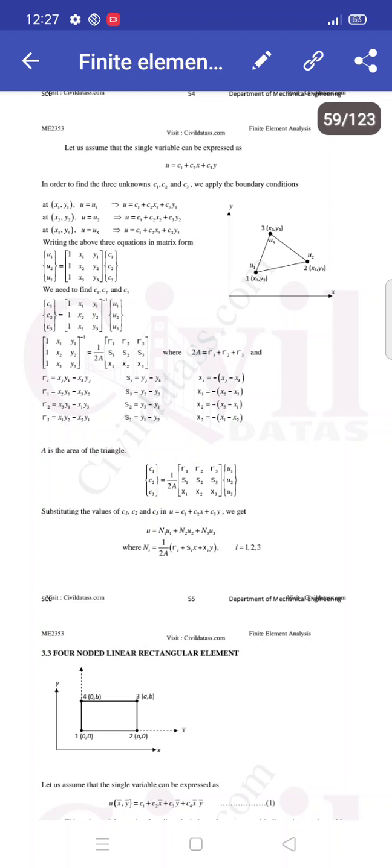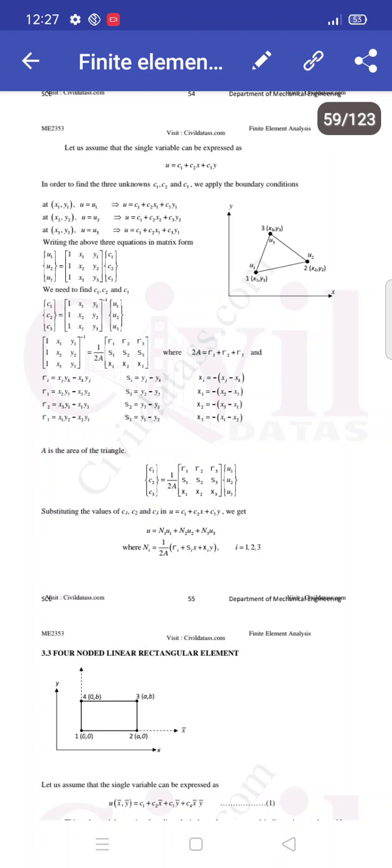At x2, y2, u is equal to u2, so u is equal to c1 plus c2 x2 plus c3 y2. At x3, y3, u is equal to u3, so u is equal to c1 plus c2 x3 plus c3 y3.